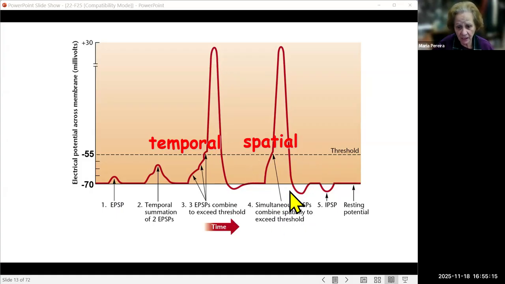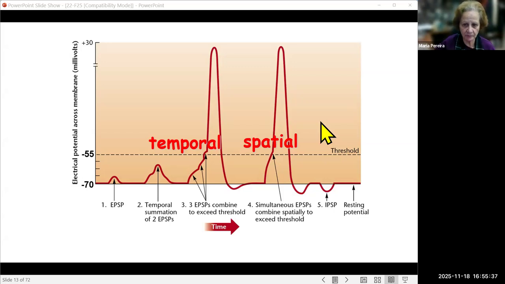Now, here you have the scenario of spatial. So you have 2, 3, 4 axon terminals releasing neurotransmitter or firing at the same time, and this reaches threshold. So this is how you represent this in a graphical manner.